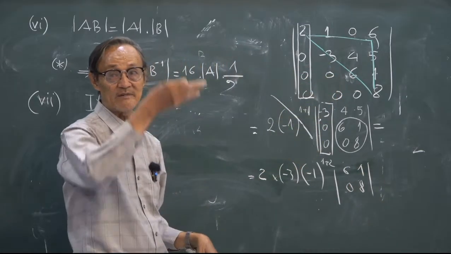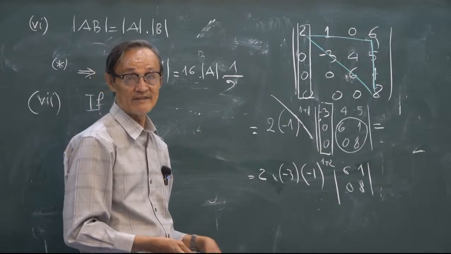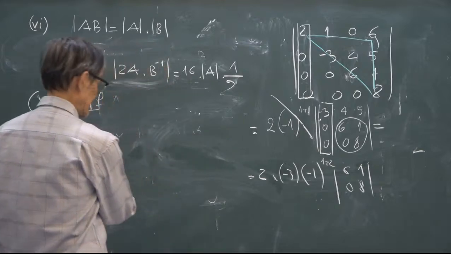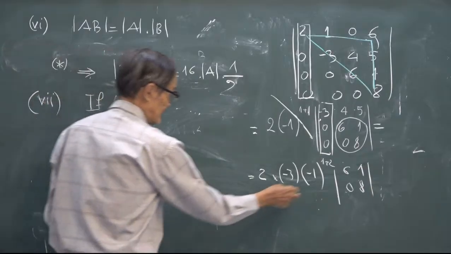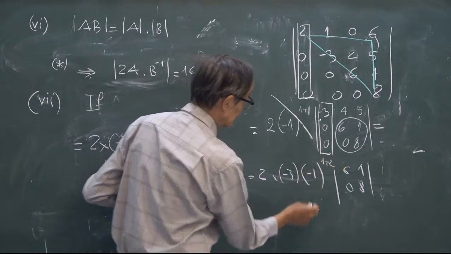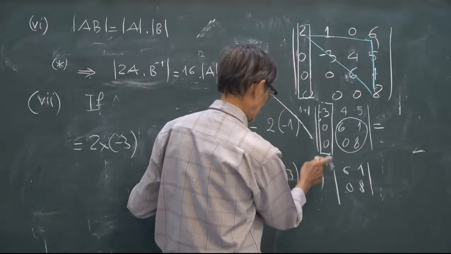Okay, expand by the first row, the first column. Continue. 2 minus 3, sorry, 1, 1.